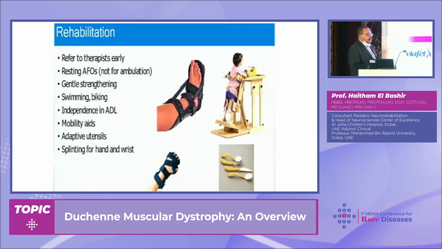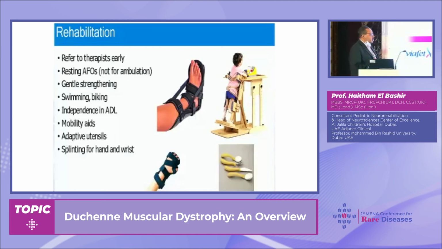They need referral for physio, occupational therapy, speech therapy, as well as orthotics and prosthetics. They need resting splints, which are not for ambulation, just resting splints. Gentle strengthening: we do not do strenuous exercise for children with Duchenne muscular dystrophy because that will increase the muscle breakage.